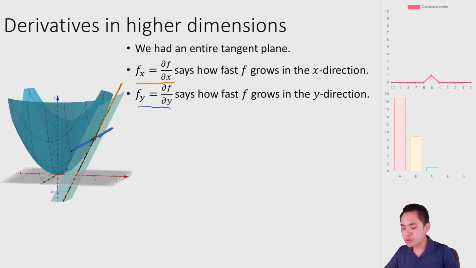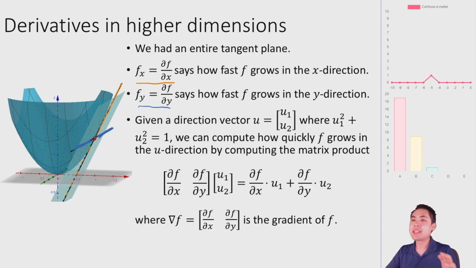And one of the other important facts, which we mentioned, but we're not making too much use of, is that you can encode all this information into something called the gradient vector, which has both of the partial derivatives, and it tells you, by multiplying it against a particular vector, how fast the function grows in any particular direction. So now, if you wanted to go in some other direction, let's say this green direction, well, you just need to multiply that direction vector by the gradient vector, and that'll tell you how fast it grows in any other direction. So that's the basic premise behind these sorts of gradient vectors.